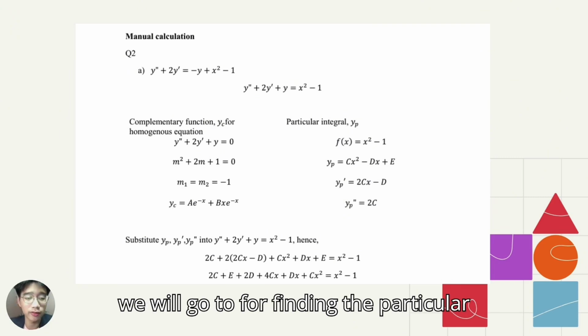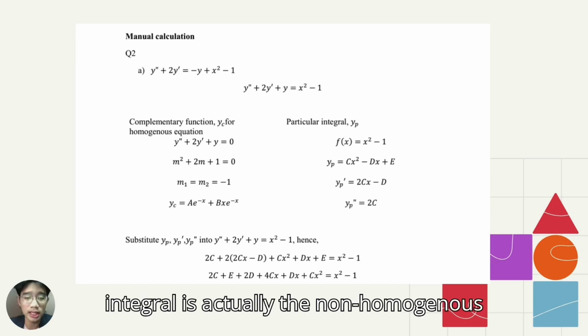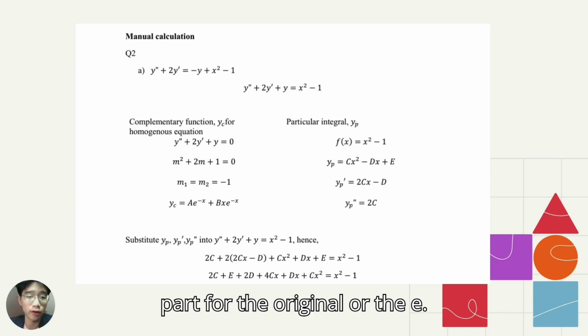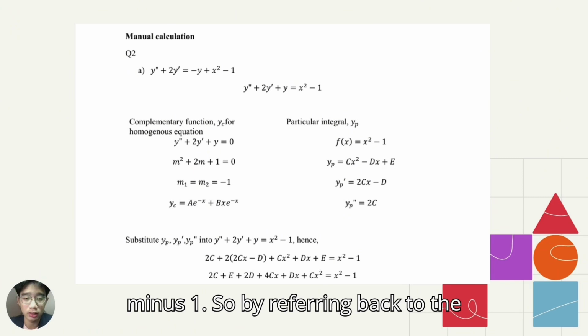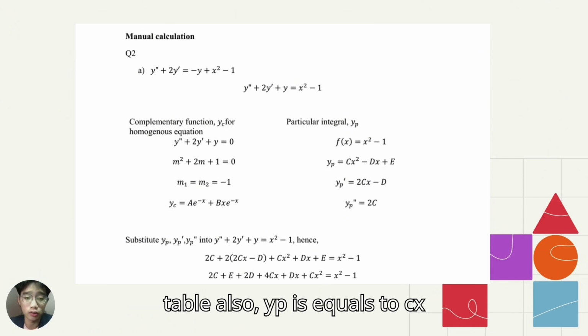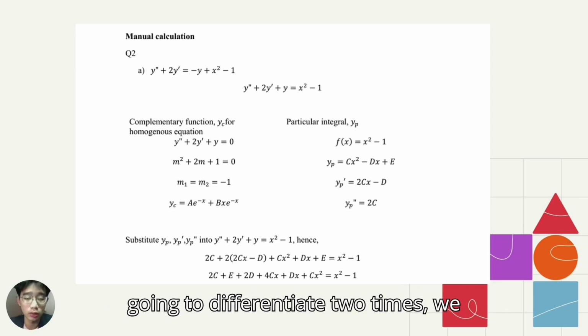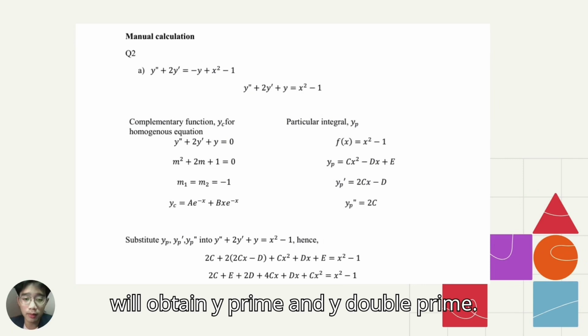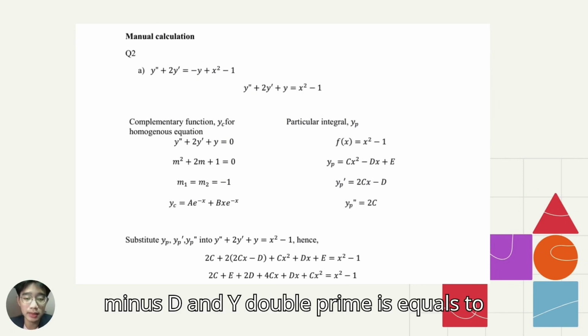Next, we will find the particular integral. The particular integral is based on the non-homogeneous part of the original ODE, which is x squared minus 1. By referring back to the table, yp equals cx squared minus dx plus e. When we differentiate two times, we obtain y prime equals 2cx minus d and y double prime equals 2c.